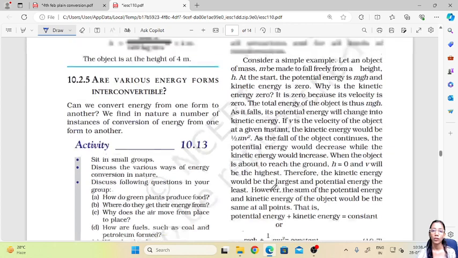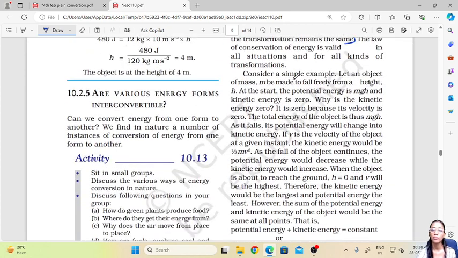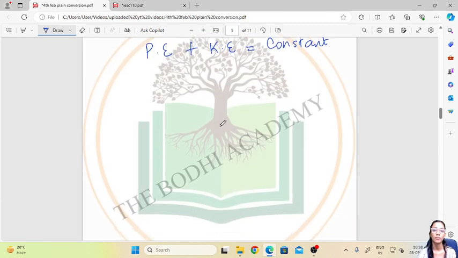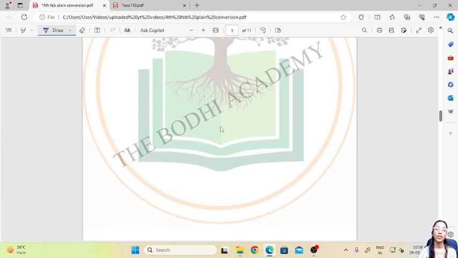Now, consider a simple example. Let an object of mass m be made to fall freely from a height h. Okay, let's try to draw this. The object of mass m is allowed to fall from a height h. Suppose this is the cliff.